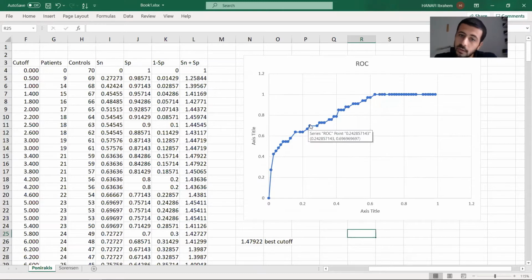Okay, we can do it easier than visually. I will just take the sensitivity and the specificity, join them together and take the highest number. Is that right? The highest number in sensitivity will take me here.